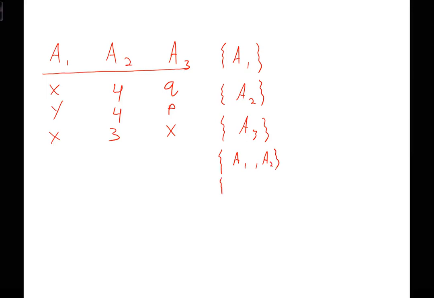So basically I'm just enumerating all possible combinations here. A1, A3, A2, A3, and then all of them.